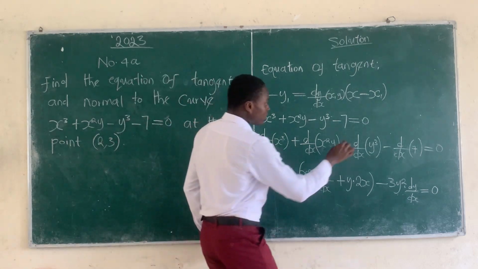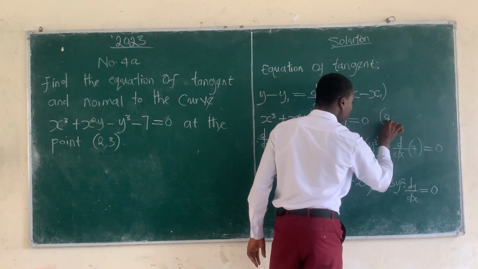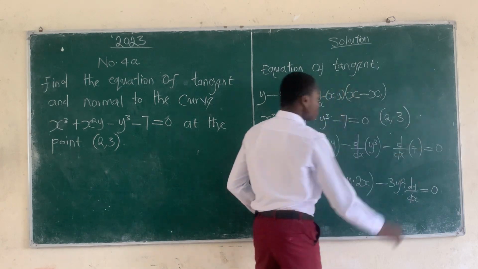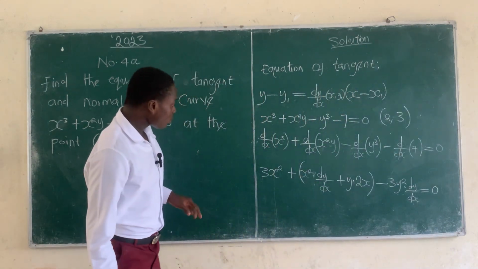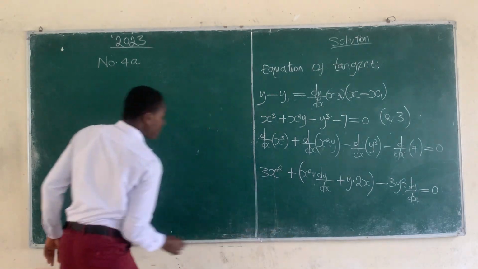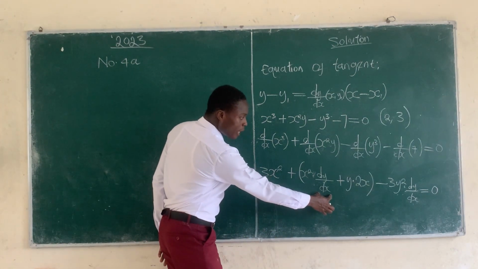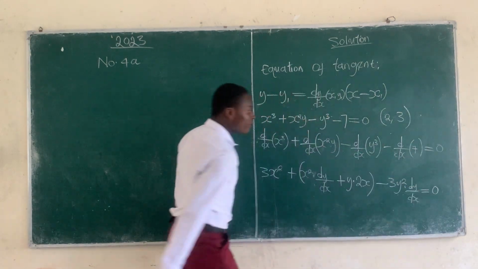Let's write the point here: the point is 2, 3. This is the given point. Firstly, let's send every term that does not contain dy dx to the right hand side.